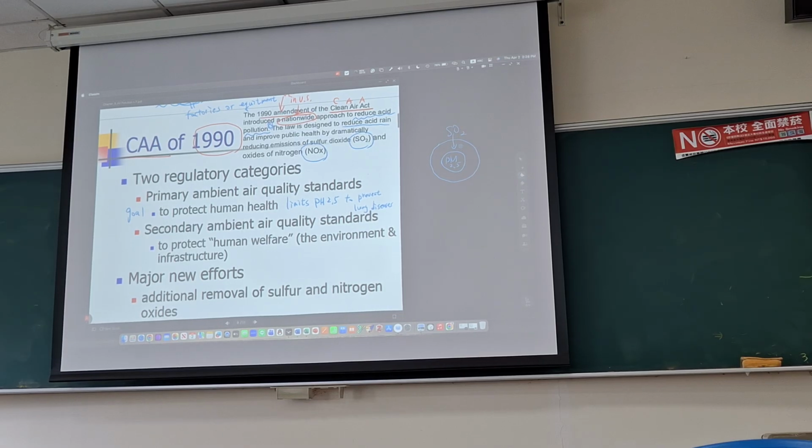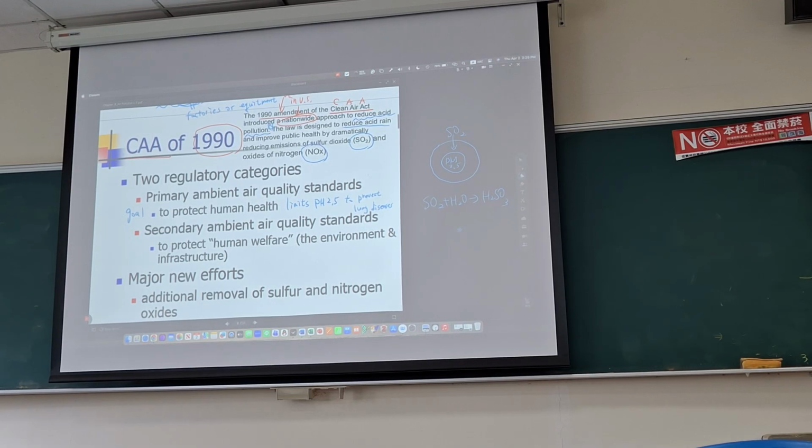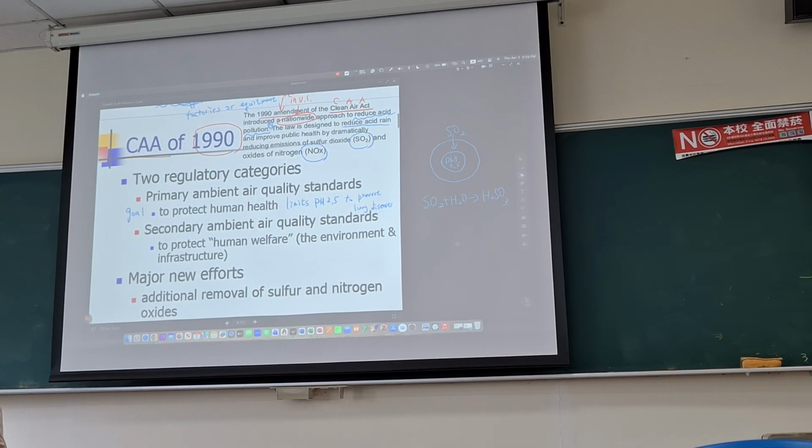Those sulfur dioxides with water become sulfurous acid. So this is the issue of PM 2.5. And because it's light, it will float in the air. It will not sink to the ground.